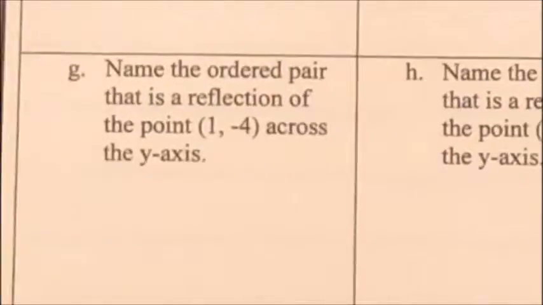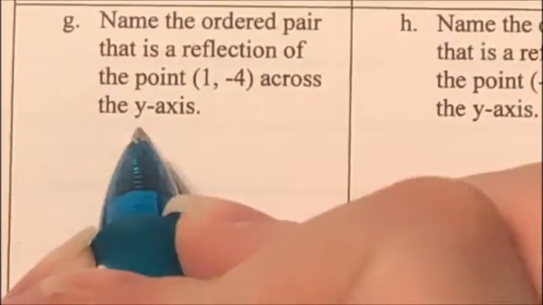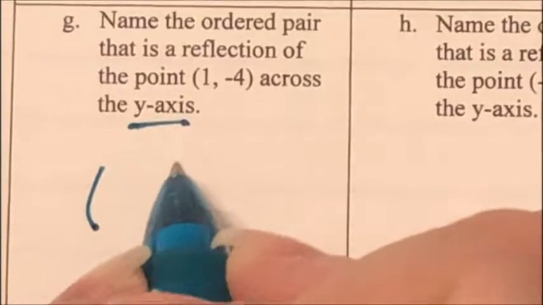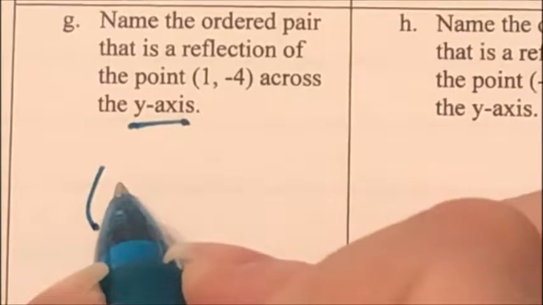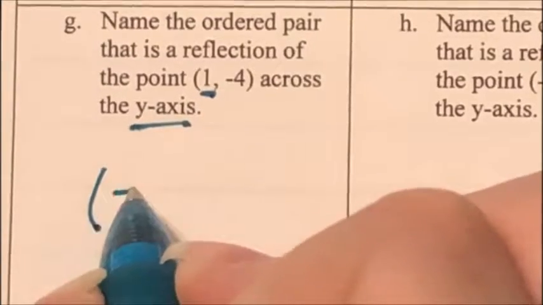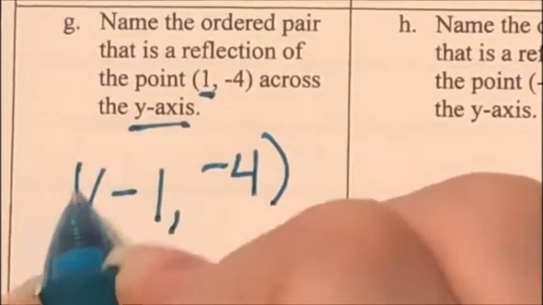Okay. Letter G says name the ordered pair that is a reflection of the point (1, -4) across the y-axis. So y-axis, my y value stays the same, and my x value changes. So 1 becomes -1, and -4 stays the same.